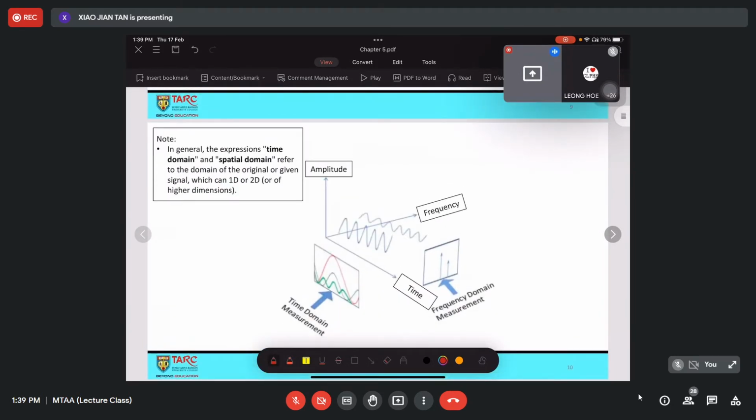In general, the expressions time domain and spatial domain refer to the domain of the original or given signal, which is 1D or 2D. This is a time domain, where you involve time and amplitude, and this is a frequency domain, where you look at it like slicing a cake from different directions.